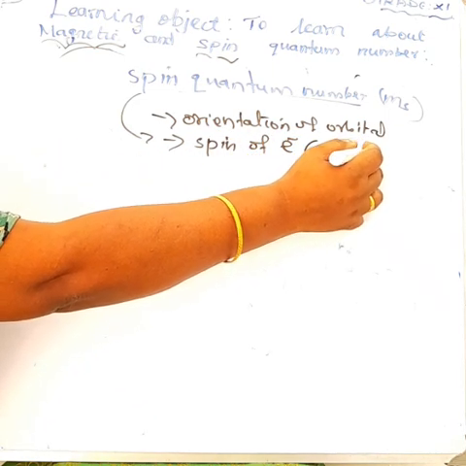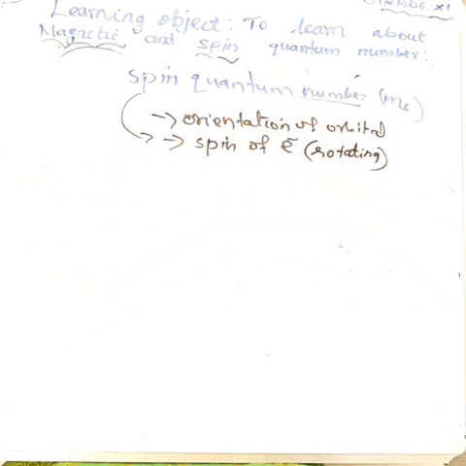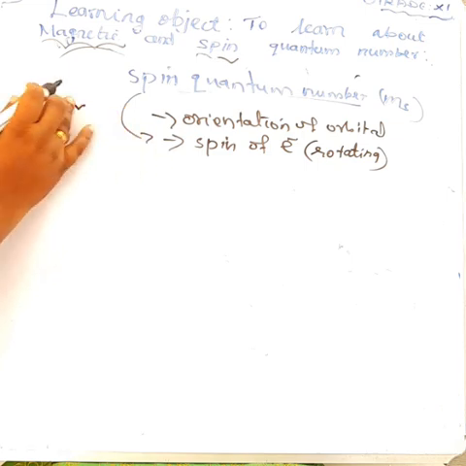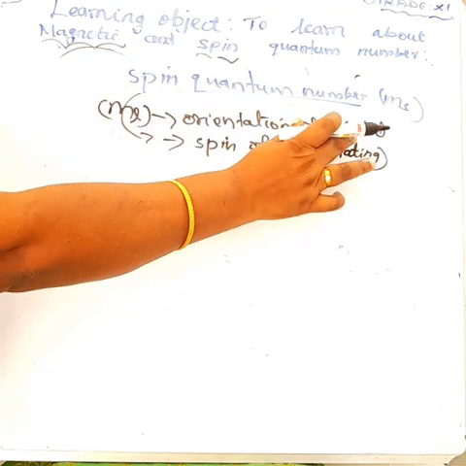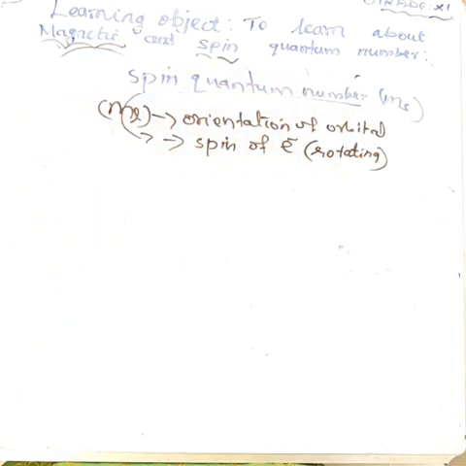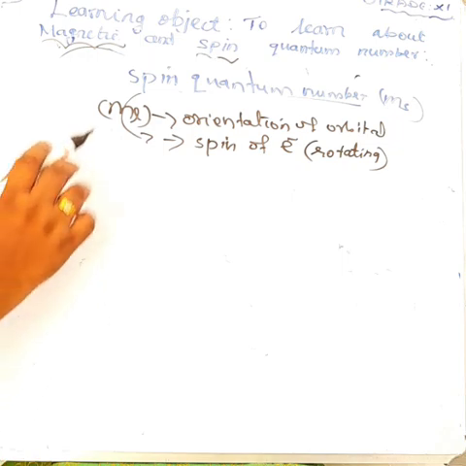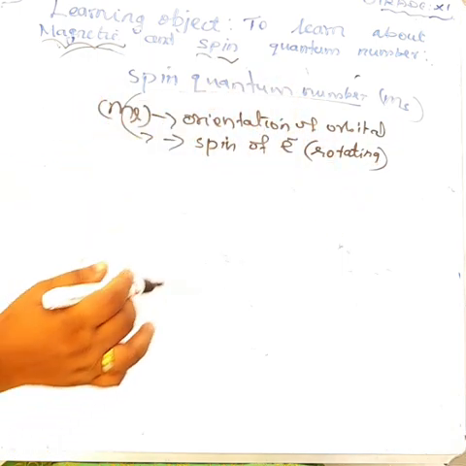It is the spinning of electrons within the orbital. The magnetic quantum number represents the orientation of orbital in three-dimensional space, but the spin quantum number represents the spinning of electrons within the orbital.